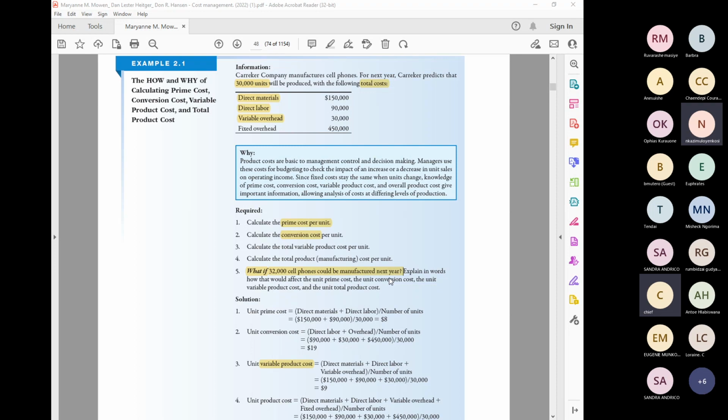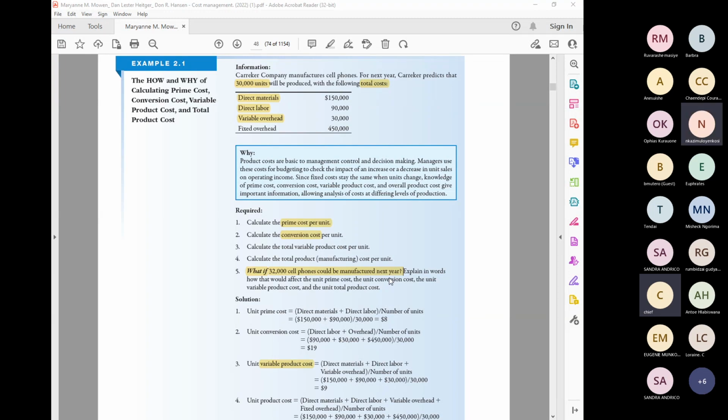From the question, it means that when the production output is increased to 32,000, our variable costs will change. That is direct materials, direct labor, and possibly direct and variable overheads will change.